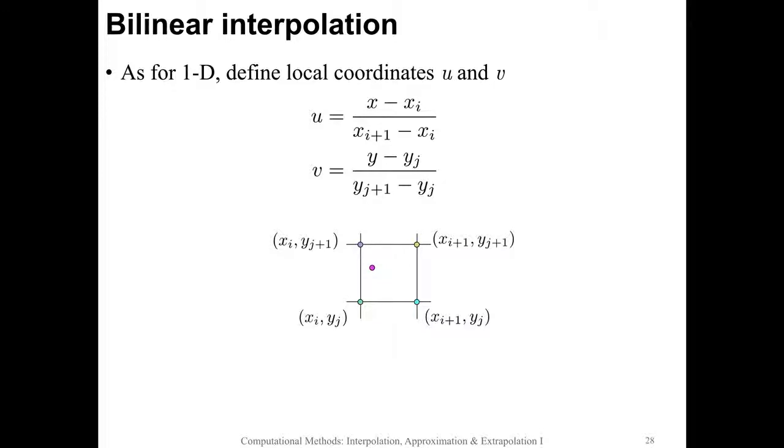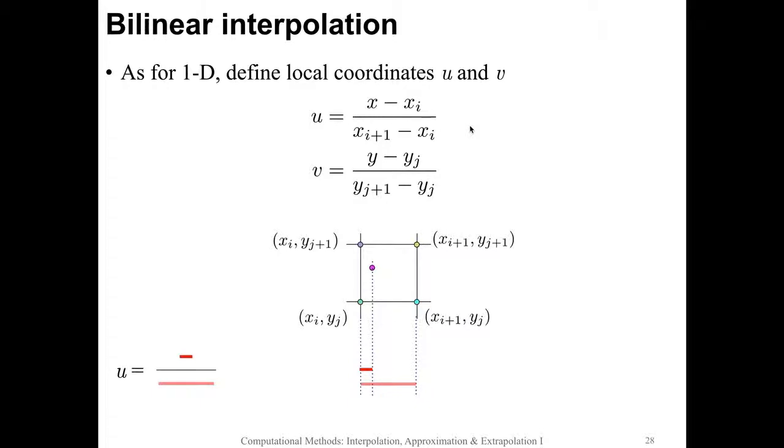So as we discussed before already, the local variable u is basically an expression of how far we have moved along the x spacing, in this case, as a proportion of the whole width between two adjacent measurement locations in the x direction. So the red distance here represents x minus xi, so it's the distance from the starting point up to x, and the light pink or red distance here at the bottom represents the gap between successive locations in the x direction.